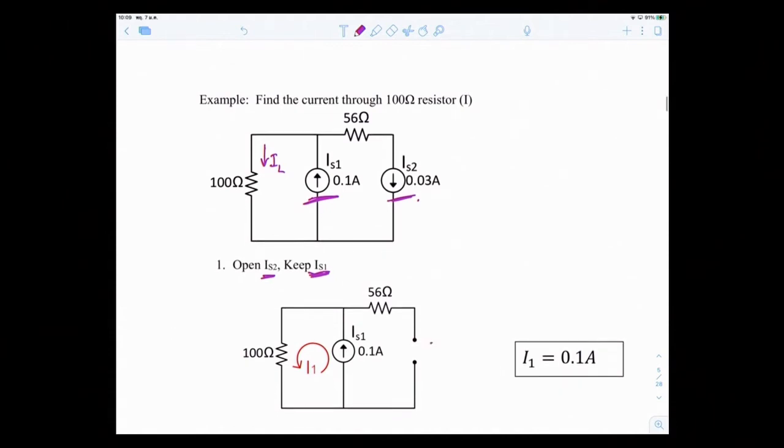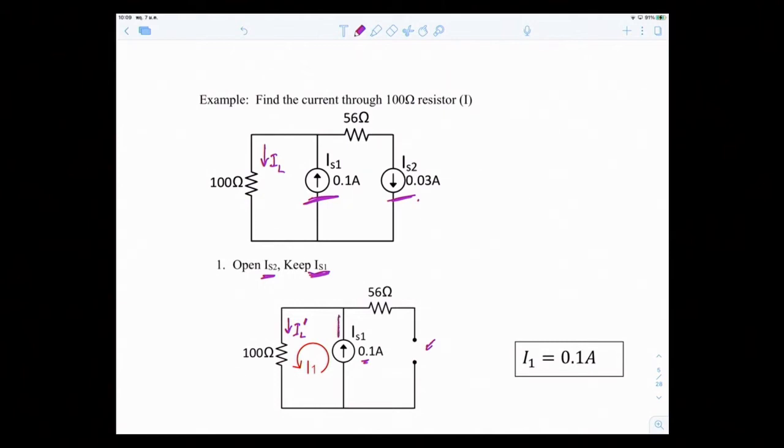Now you analyze. Let's call it IL prime, meaning that this answer is due to the 0.1 amps only. So you analyze the problem with 0.1 amps as the source.